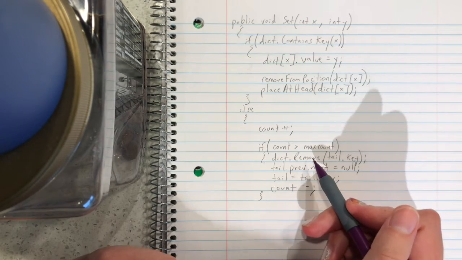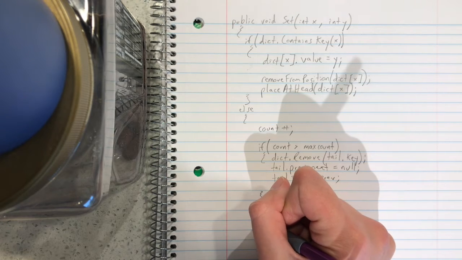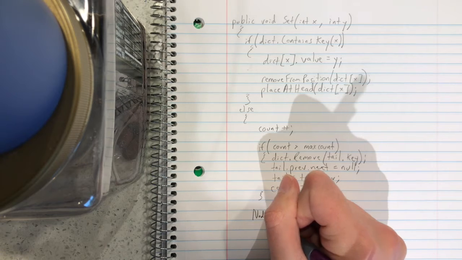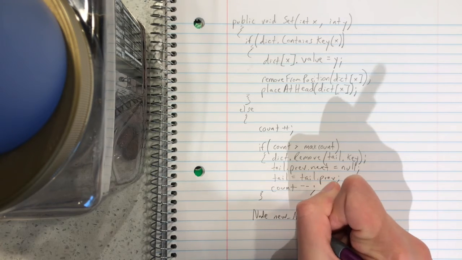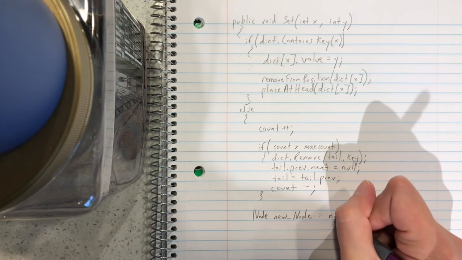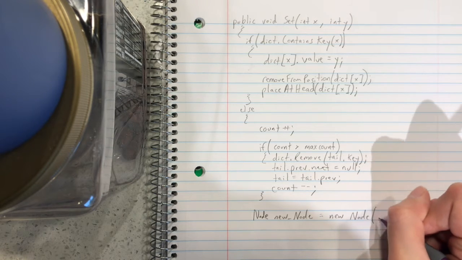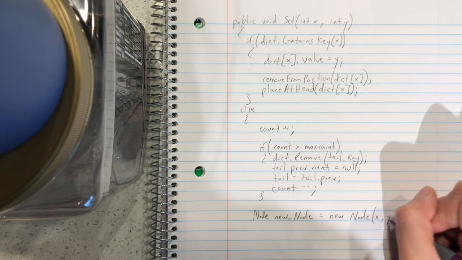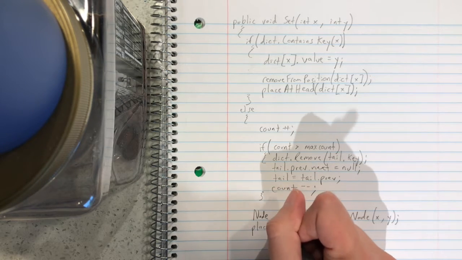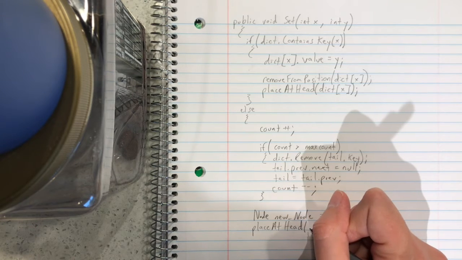So this handles the case if we're at capacity, but either way, we need to put a new node at the head. So we'll create a new node of type Node, create a new instance, pass in x as the node's key and y as the node's value, and place it at the head.